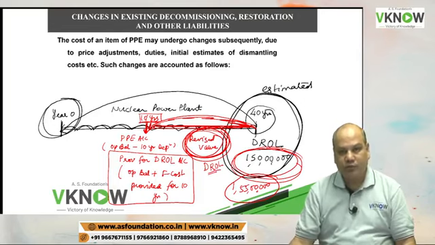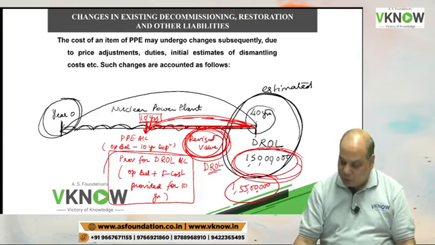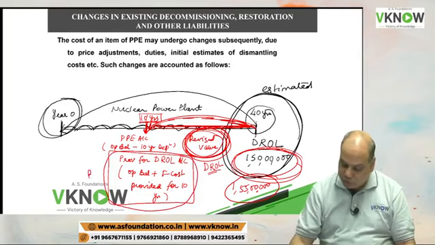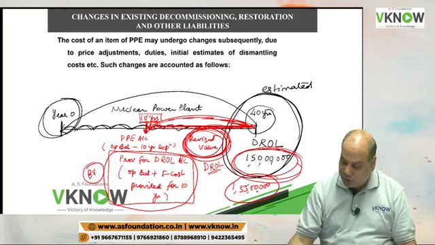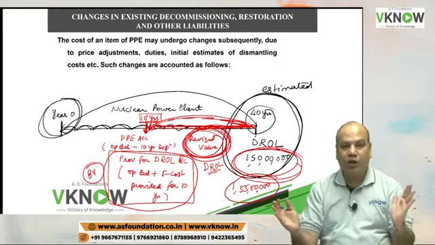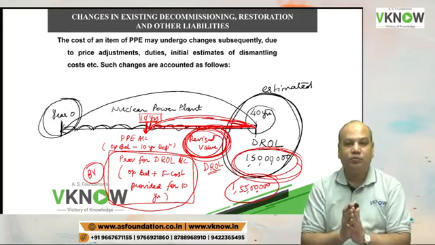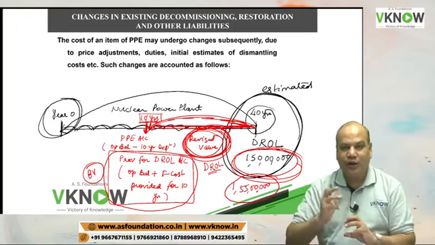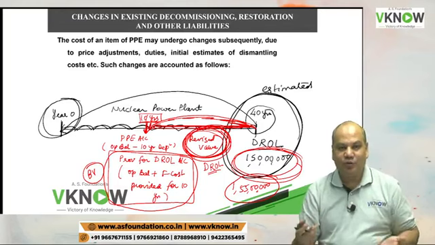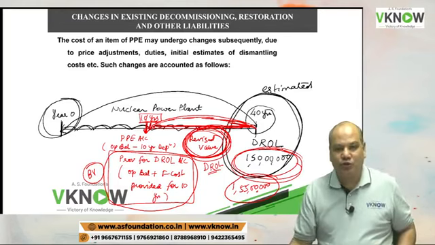Fresh calculation. Compare it with book value. This is book value appearing in my ledger. This is my revised calculation, and then I will compare. My liability can increase or decrease depending upon how the numbers have changed.